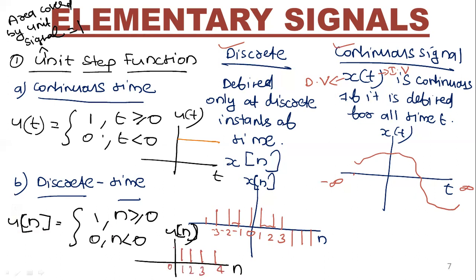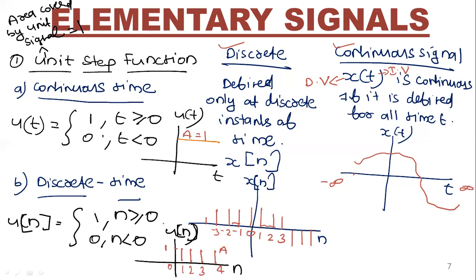Discrete ones, and the magnitude should be 1. That's why it is the unit step function. If it is just a step function, the amplitude can be a, any number, a equal to 1, 2, 3. Here, since it's a unit step function, a equal to 1. So that is continuous time and discrete time.